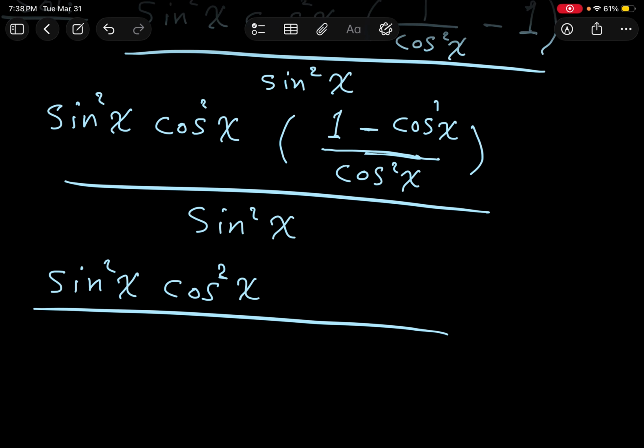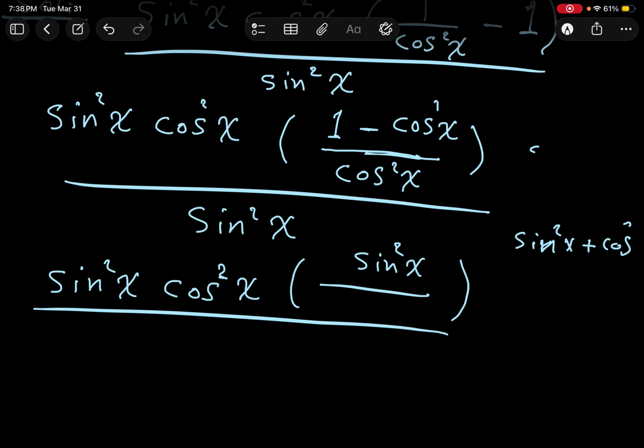In the parentheses, 1 minus cosine square x is equal to sine square x, because sine square x plus cosine square x equals 1.